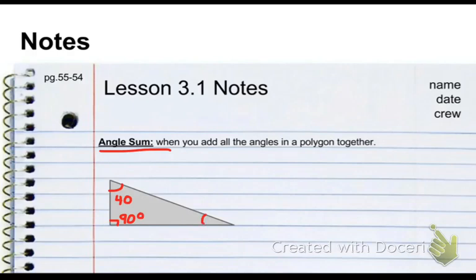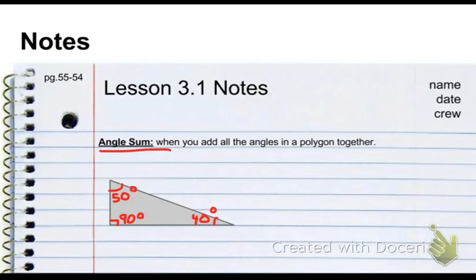And if that angle is 40 degrees, this angle must be 50 degrees. Actually, let me reverse that, that's probably backwards. If this one is 50, this one must be 40. You'll learn why in just a little bit.